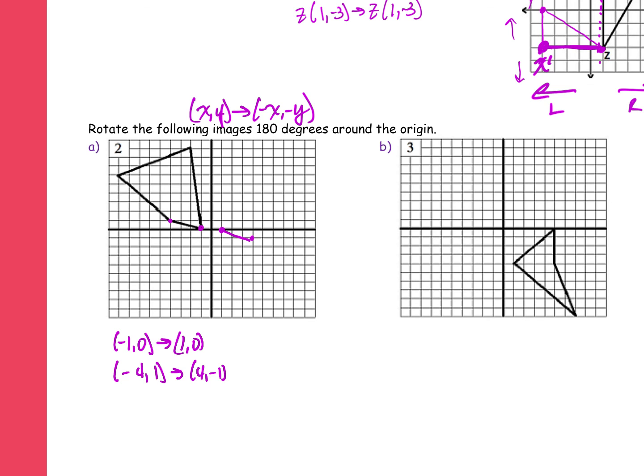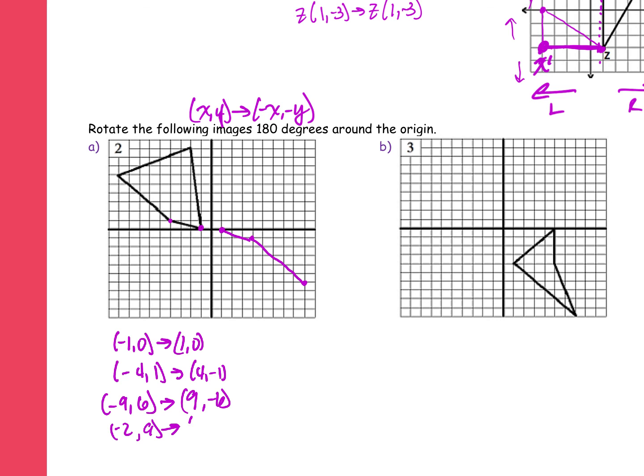And then this one is negative 9, 6. Is that right? Negative 9, 6 becomes 9, negative 6. So 9, 1, 2, 3, 4, 5, 6. And then the last one is negative 2, 9.